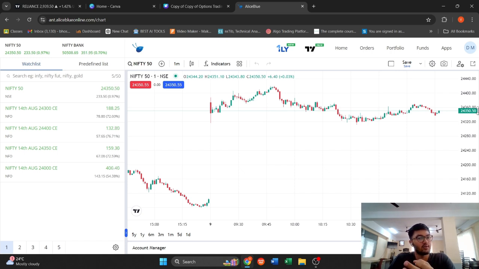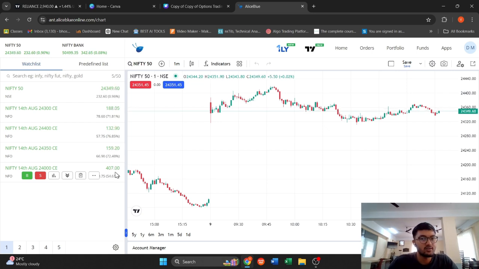So the intrinsic value in this case will be 350 rupees, and the extra 50 or so that you are seeing is the time value of this contract.